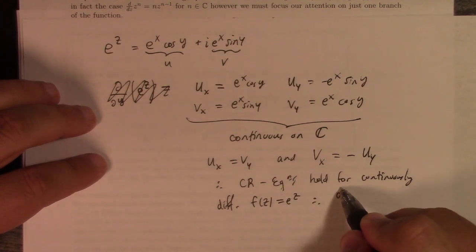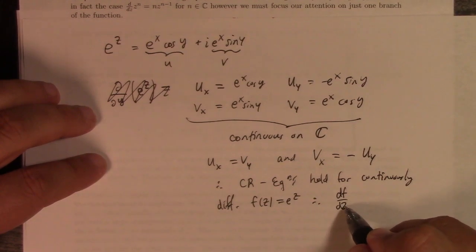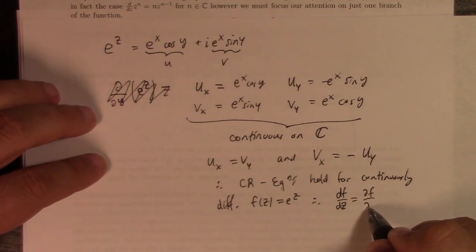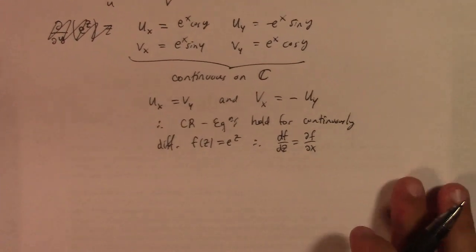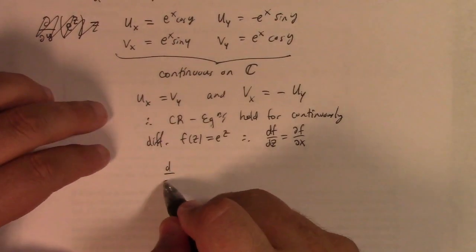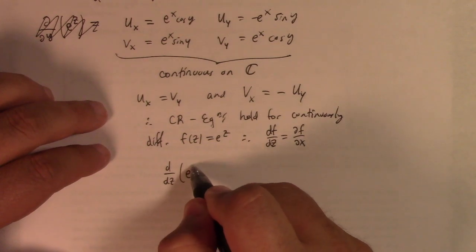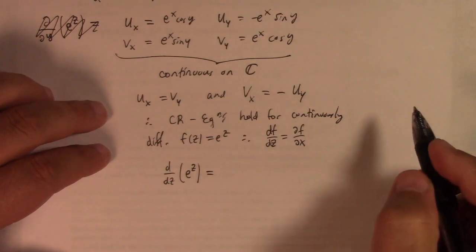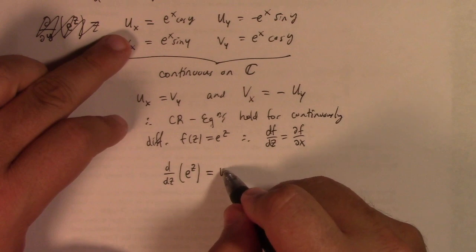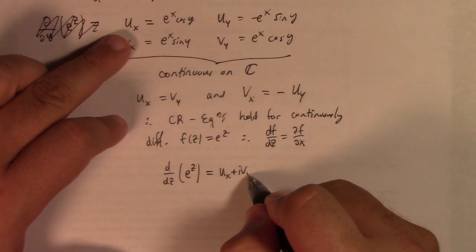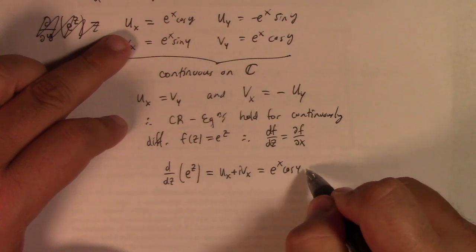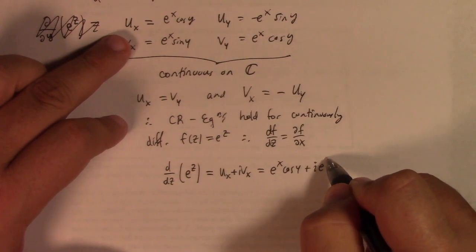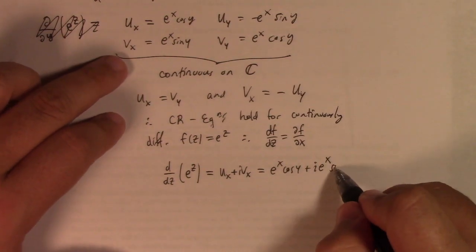Therefore df/dz is just equal to partial f partial x. And so, what is that? Well, d/dz of e to the z is equal to, well, what's partial f partial x? It would be ux plus i vx, which by the way is e to the x cosine y plus i e to the x sine y.